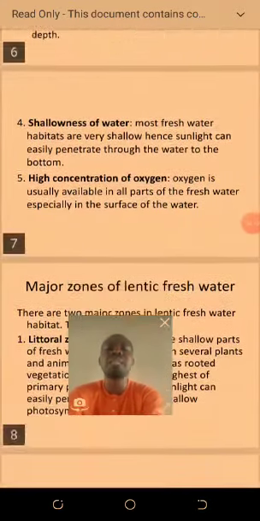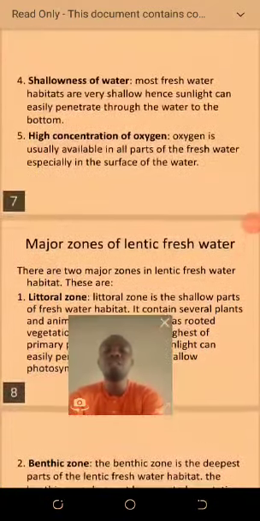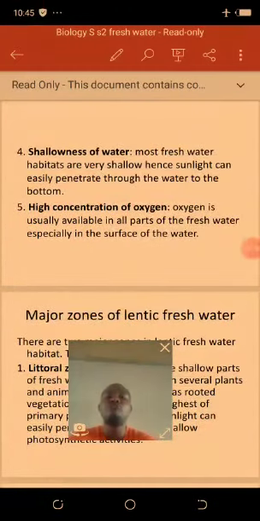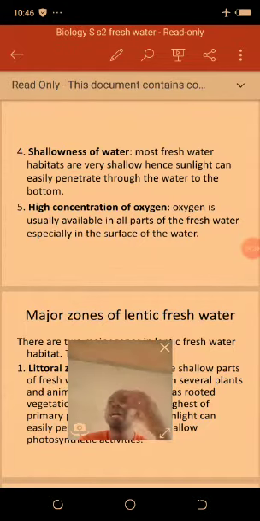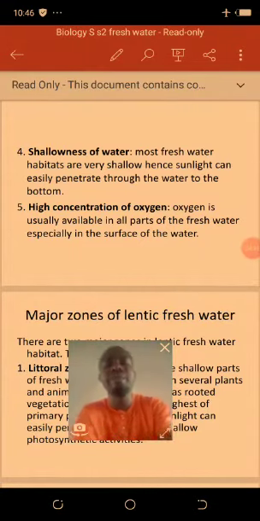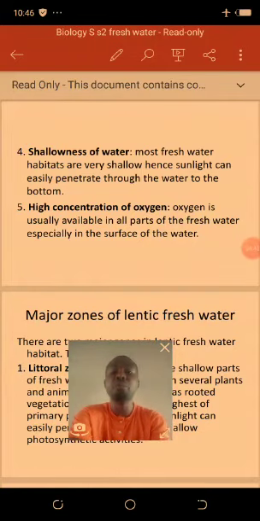Now the fourth one is the shallowness of water. They are not as deep as the marine. Because they are shallow, sunlight can easily penetrate to the bottom of the water. So because of their shallowness, the temperature levels sometimes change.